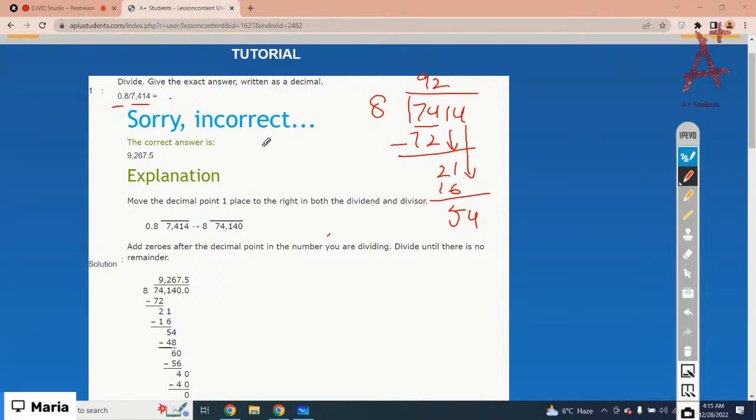So here you have the decimal point in 7414. To move right, you have to add a 0. Then you move from here to here, it would be 74140. Got it?